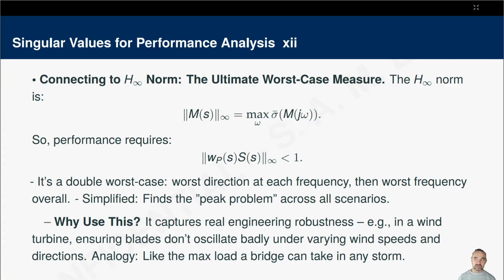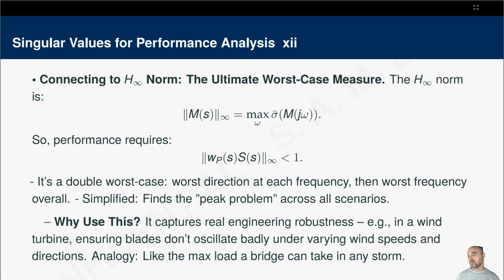Again, that makes sense because we have worst direction at each frequency, and we have the worst case frequency overall. Essentially, we go through all the problems we might have with this control system, and we pick the peak problem. So we choose the peak problem across all scenarios.